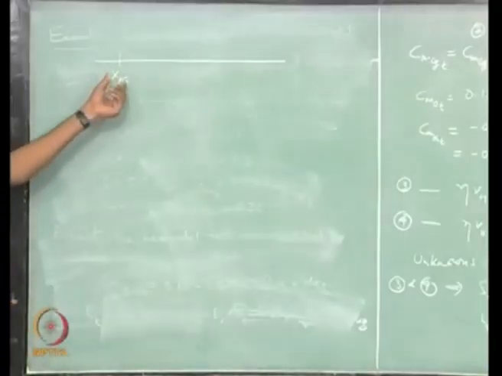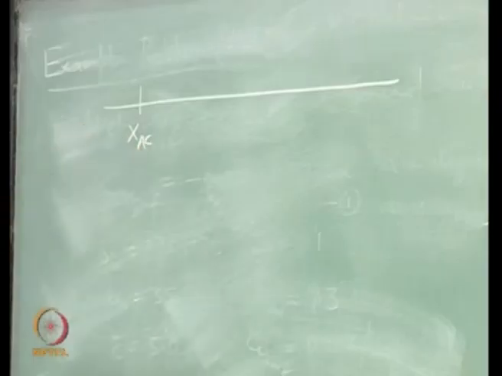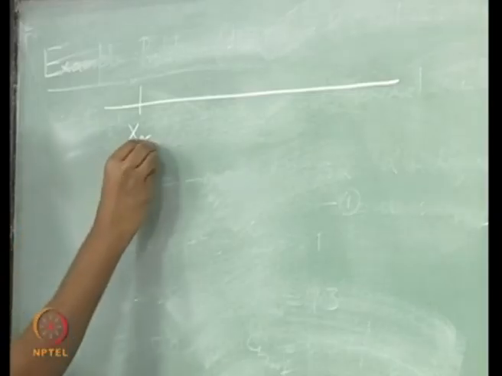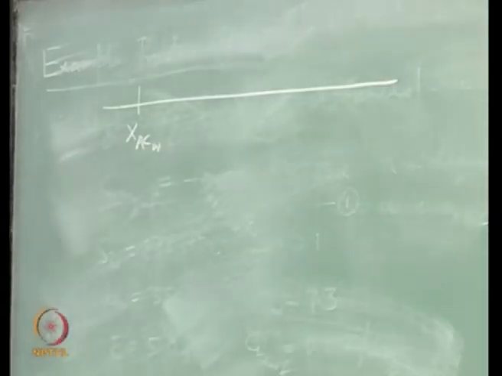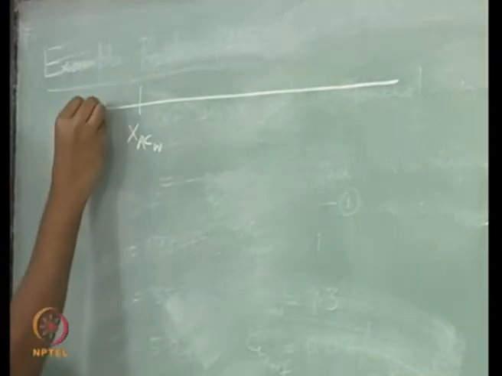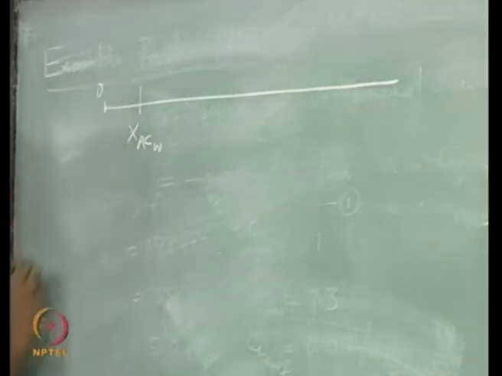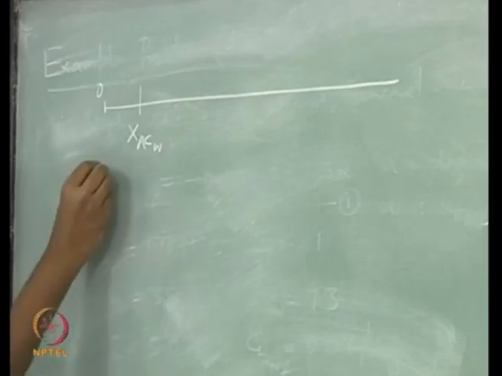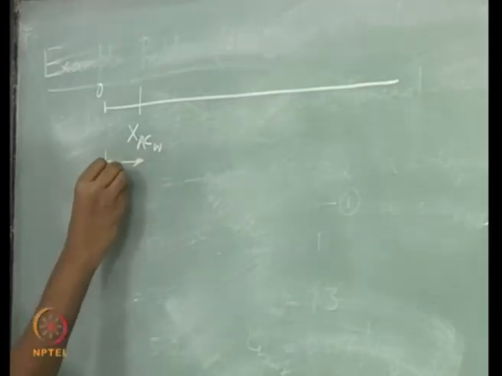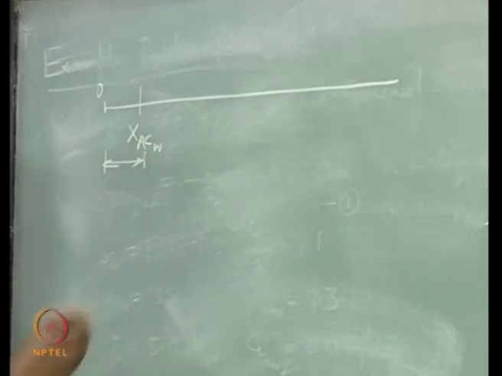So this location is fixed, right, xAC of the wing, and we are measuring all the distances from the wing leading edge. So we will call this 0 and this is your XACW.